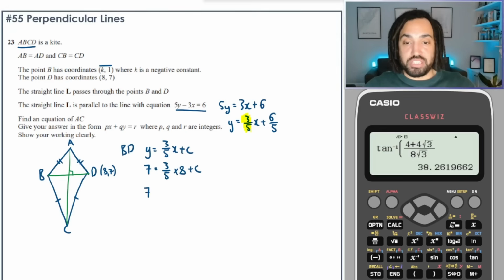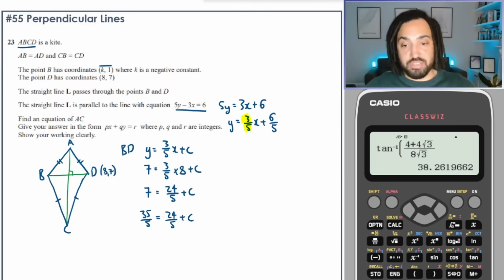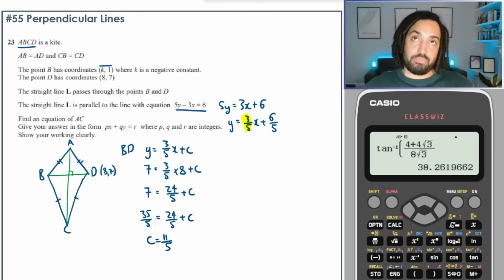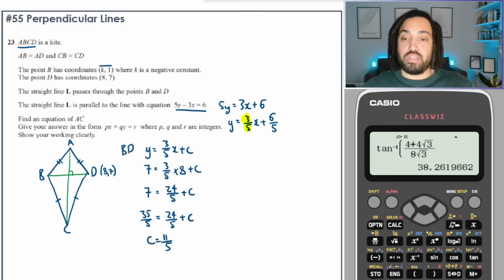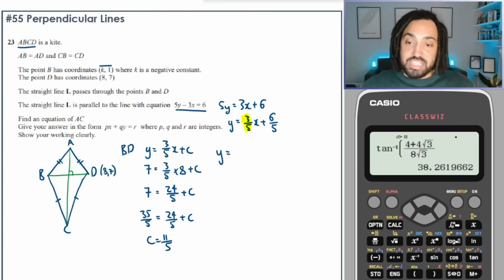So this gives me 7 equals 24 over 5 plus c. 7 is the same as 35 over 5, which gives me a c value of 11 over 5. Yes, that's correct. So we know that BD is y equals 3 over 5 x plus 11 over 5.